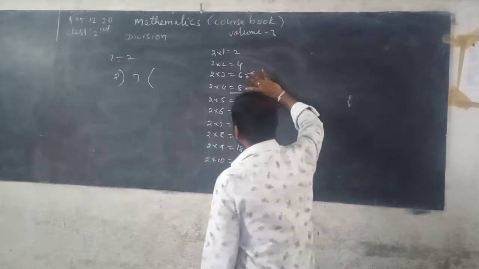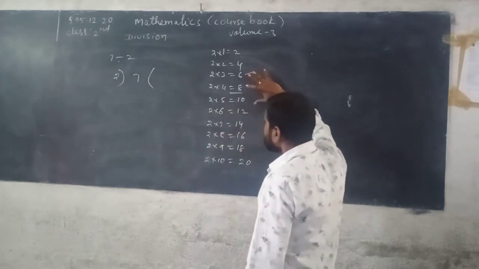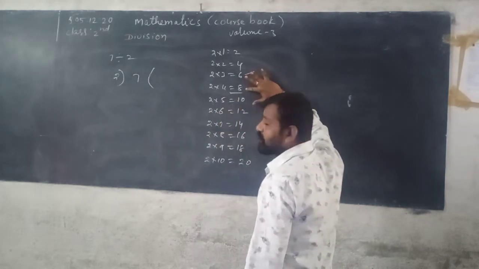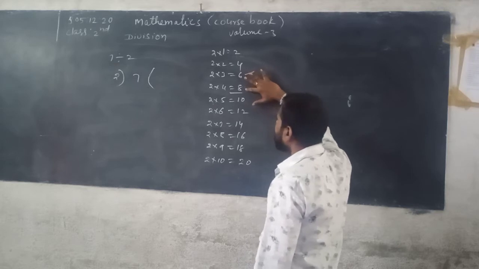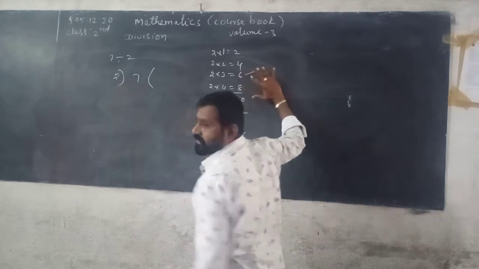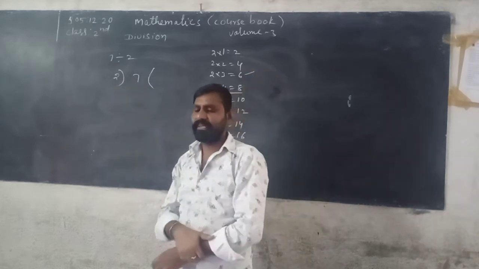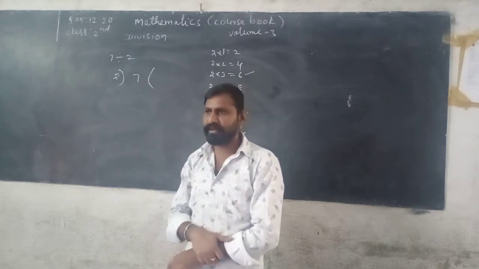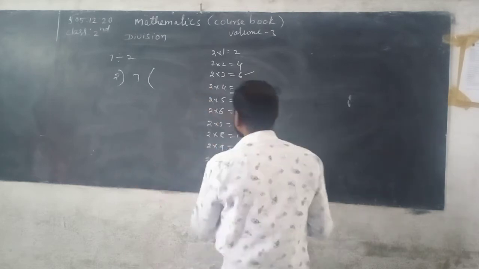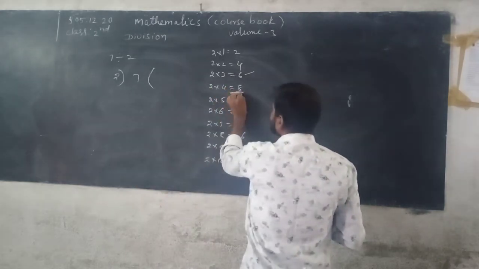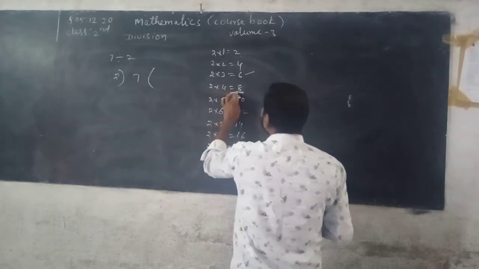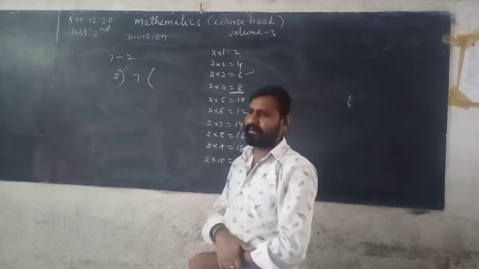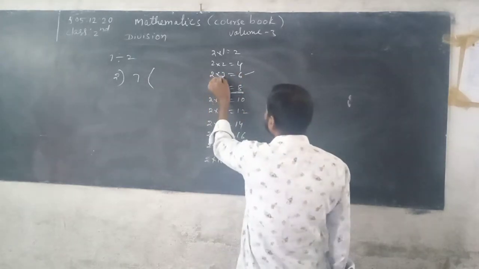Which is possible? 2 4s are 8, but 8 is more than 7. It is not possible. Never take a number that is more. So automatically you have to take the earlier number, that is 2 3s are 6.